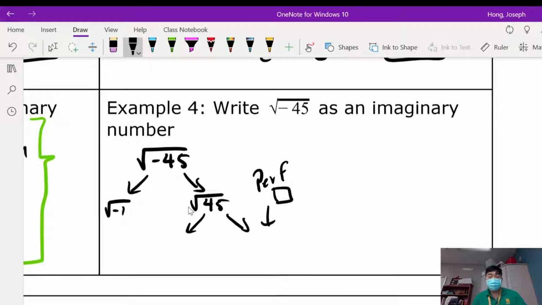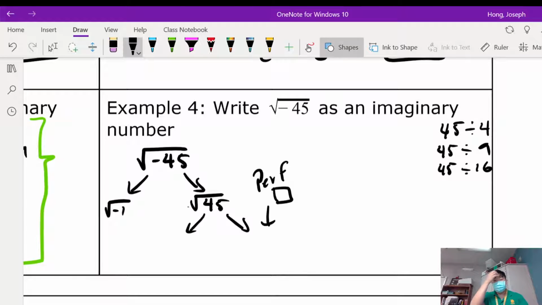I'm going to just draw a square, a perfect square. So can 45 be divided by 4, or can it be 9, or can 45 be divided by 16? Yeah, it can be. And the real answer is right here.